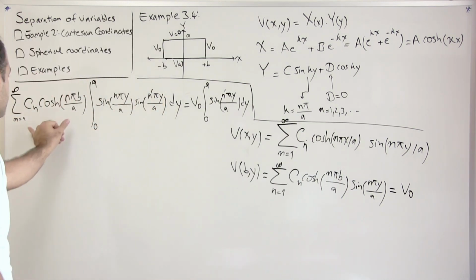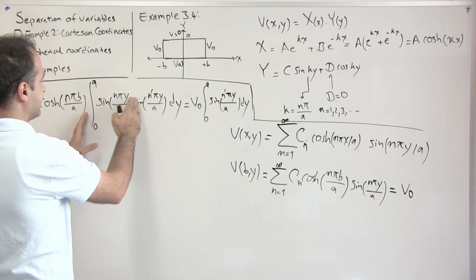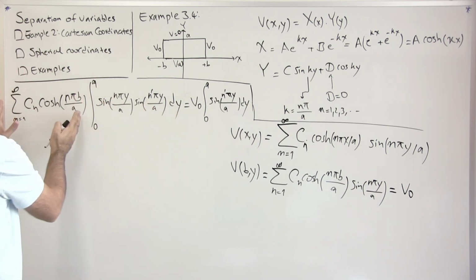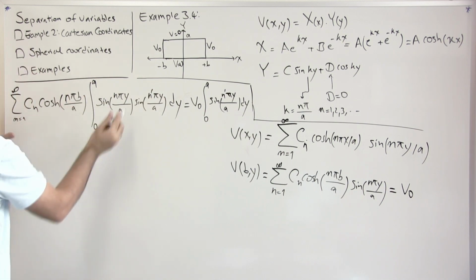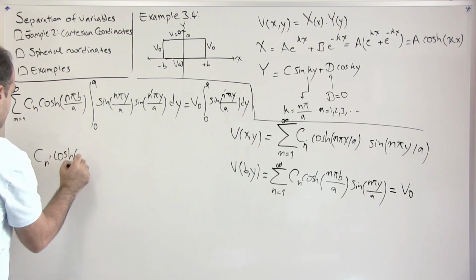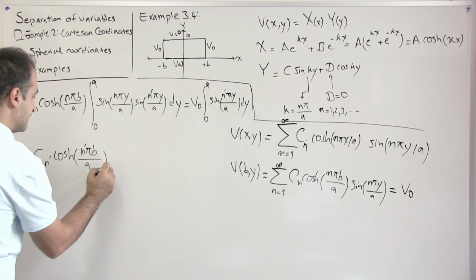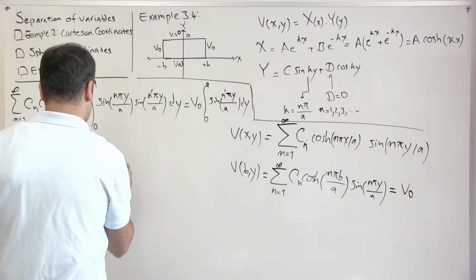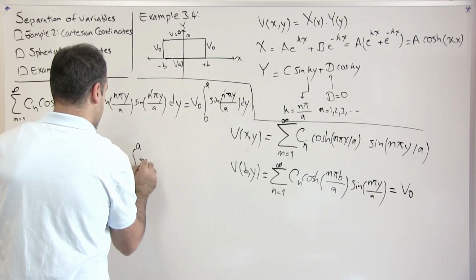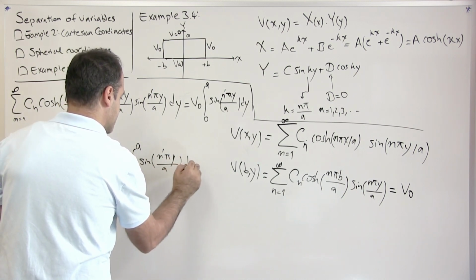Okay, so now if we do this, I said here all the values become 0 except for the cases that n prime is equal to n. So from this side, with this summation and integral and everything combined, we just get a term like this: Cn prime cosh n prime pi b over a is equal to this integral, which is v naught times the integral from 0 to a of sine n prime pi y over a dy.